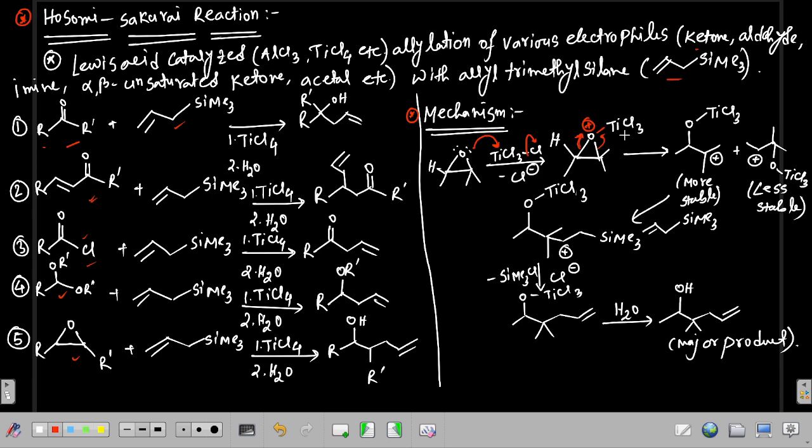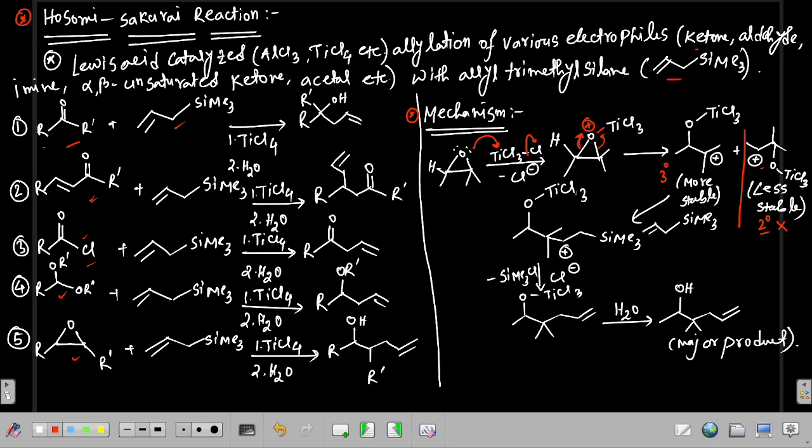If this bond will break, then it will form this species, which is a less stable species, a 2 degree carbocation. And if this will cleave, then it will form a more stable intermediate, a 3 degree carbocation. So this will be not possible.